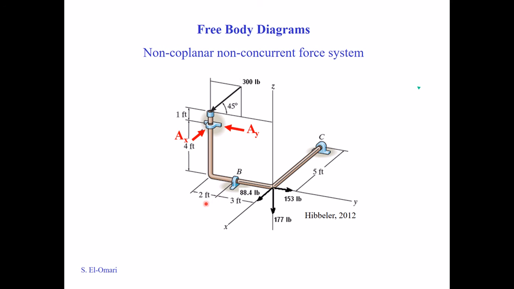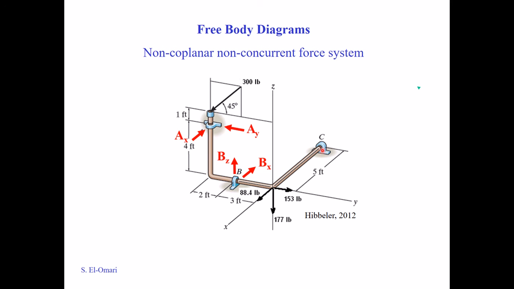You answer yes, it will prevent it. Then you place BX. Will it prevent it along the y-axis? No, it won't prevent it, because the journal bearing is designed to move along this axis, so I don't place a reaction. Will it prevent it along the z-axis? Yes, it will. Then I place BZ.